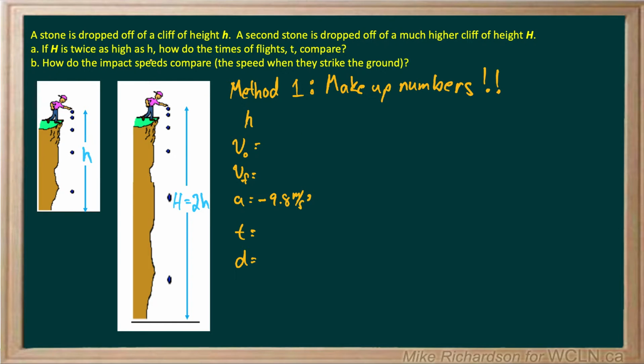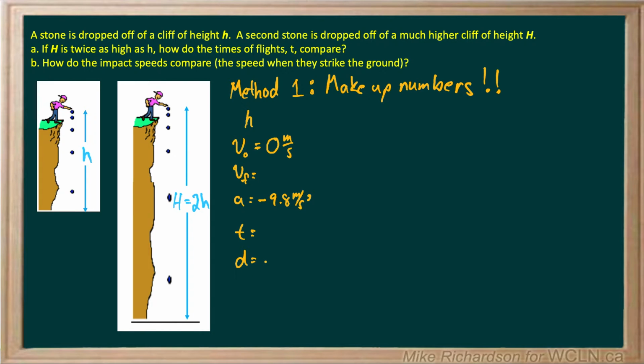And because you're dropping an object, we can assume in both scenarios that your initial velocity is 0. I don't know v final, I don't know time, but d is given as this variable, h. Remember, when we're dropping an object, d is a negative displacement because it's getting lower than it started. Let's just make up a number, and as long as we're consistent, it should work.